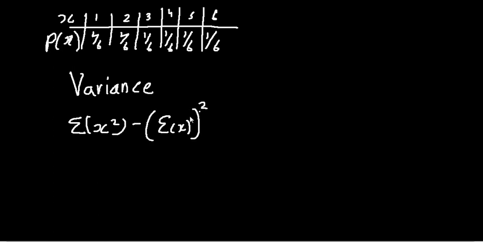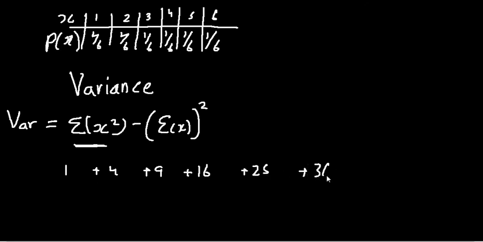Okay, this looks a bit complicated, but the procedure is quite straightforward. Now this bit here, what you're doing is squaring every x term, every outcome. So that's 1, 4, 9, 16, 25 and 36, and you're multiplying each by the probability of that outcome.